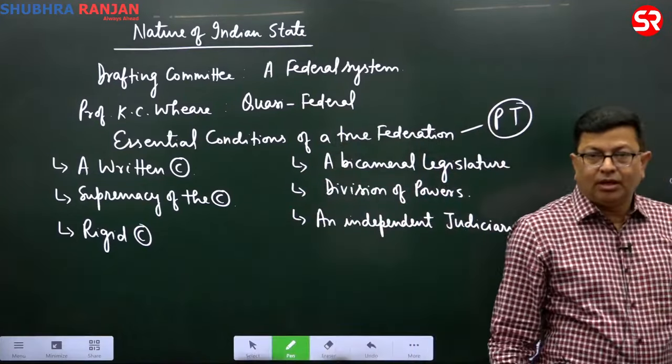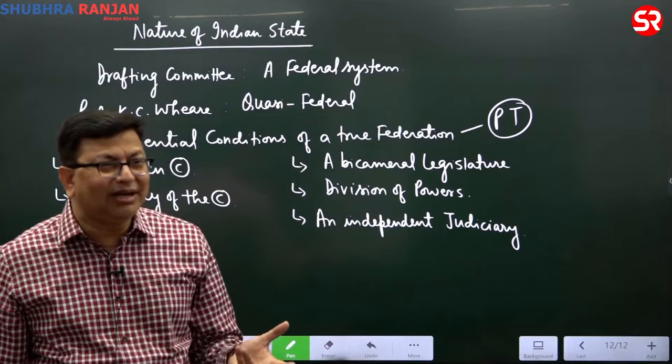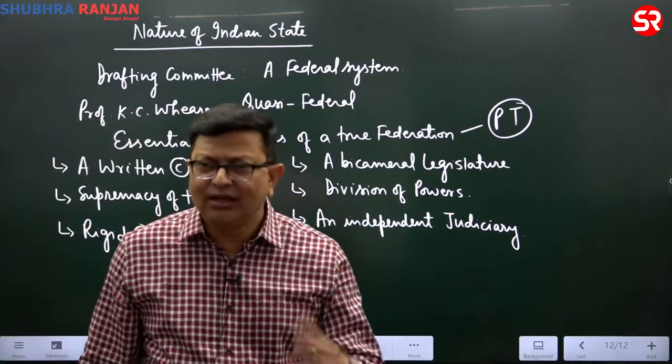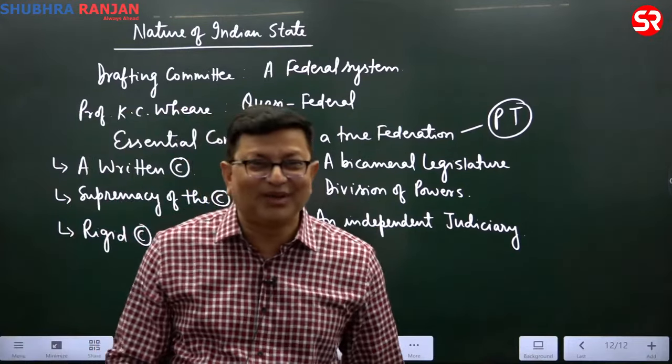Any other point, any other element or condition that will be there in your question paper should not be encircled by you. Take only these, because the political scientists have held that these are the features or the conditions of a true federation. So the theoretical questions, obviously we are not political scientists. If we have started studying by mistake, we should not feel that yes, we are the masters in political science.